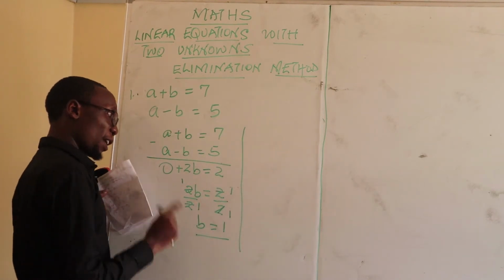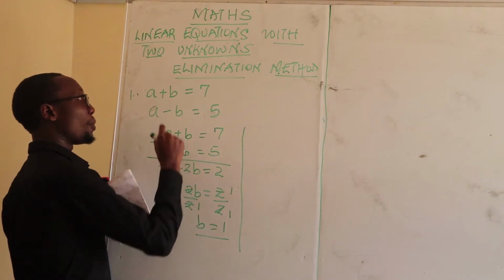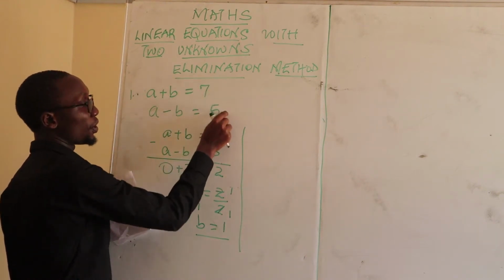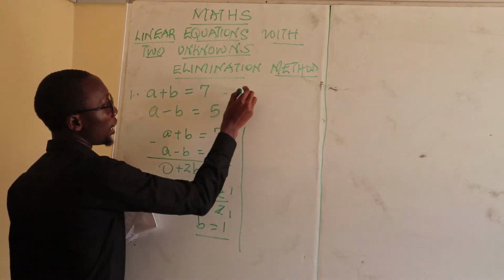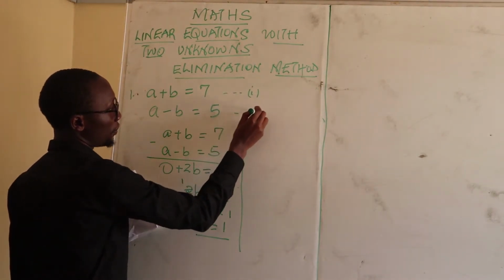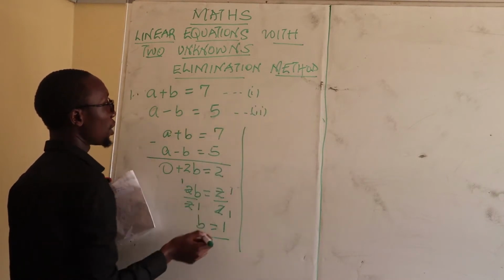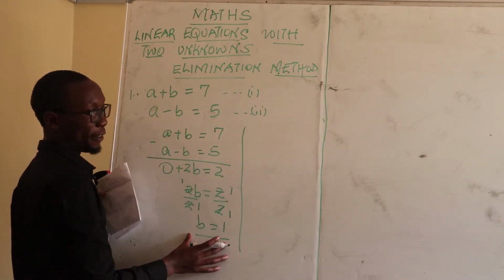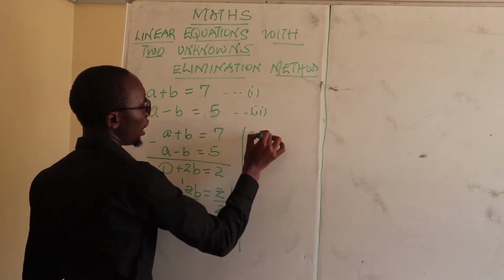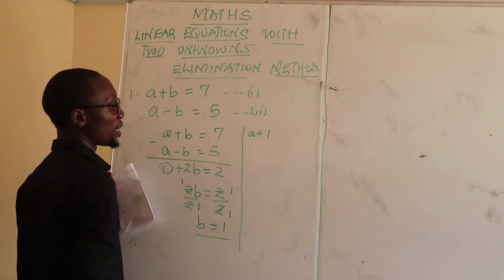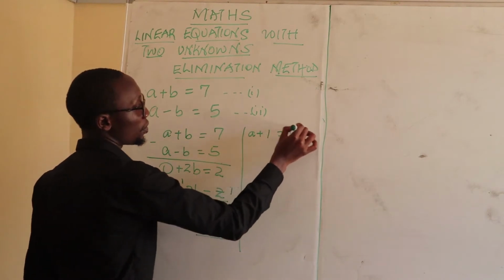To get the value of A, you pick one of your two original equations. For example, you may decide to pick the first equation and substitute the value of B to be 1. So in the first equation, A plus 1 is equal to 7.